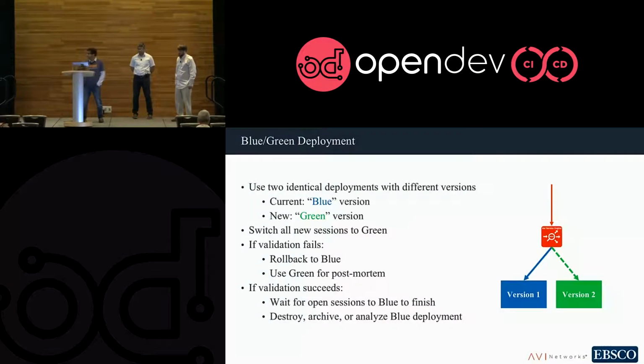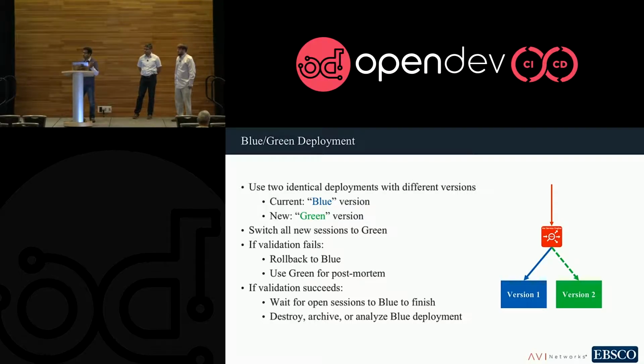Typically, if you want to do deployments with zero downtime, you need to have some process in place for how you can do them. That's where blue-green and Canary deployments come into the picture. Blue-green deployment is where you have your current version of the software running in your system, and then you create an identical version of it, which will have the new version that you are going to put into place.